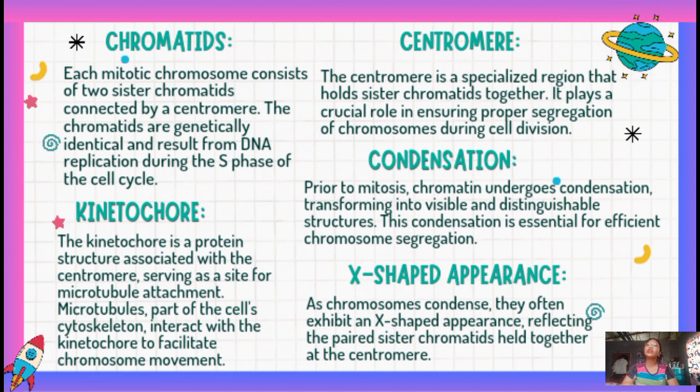The structural organization of mitotic chromosomes ensures the accurate distribution of genetic material to the daughter cells during cell division. This process is crucial for maintaining genomic stability and cellular function.